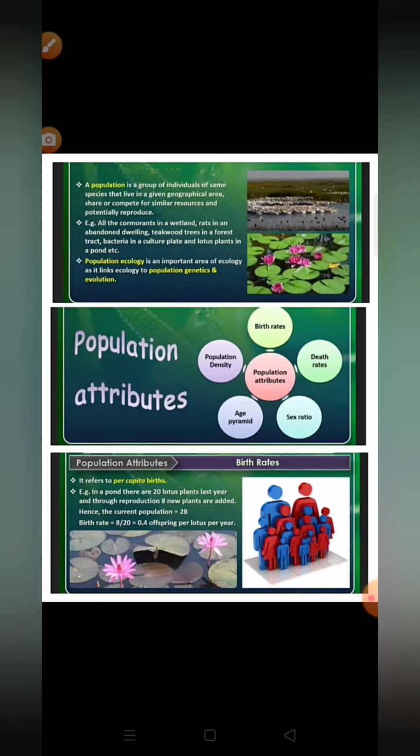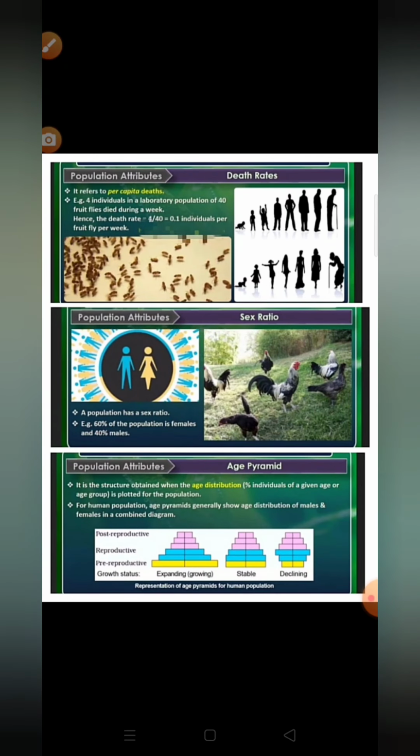Now, what is birth rate or natality rate? Birth rate or natality rate is expressed as the number of births per 1000 individuals of a population per year. What is death rate or mortality rate?